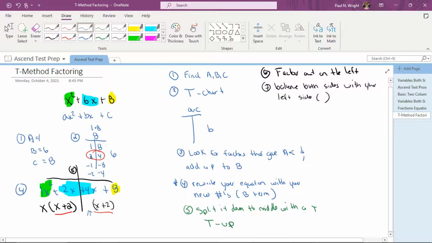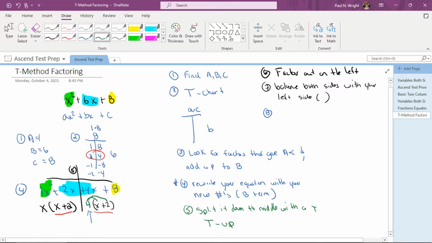Now I need to find the magical number that goes out in front. What number do I have to put out in front that is going to make this statement true? And if I look here, it's got to be a 4 because 4 times x gives me 4x, that's what's above, and 4 times 2 gives me 8, which is above.